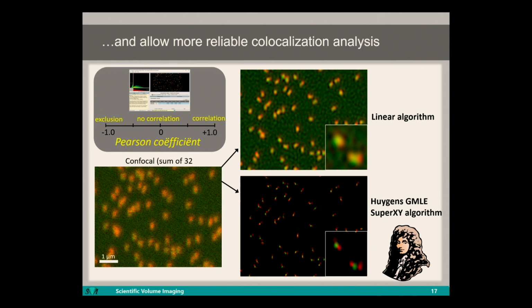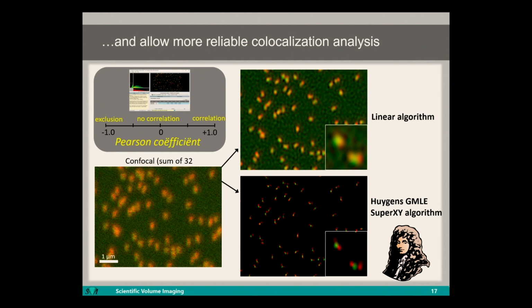These nanorulers have different colors that are quite closely spaced. If they would completely overlap, the correlation would be +1, and if there would be no overlap whatsoever, in fact they would exclude each other, then there would be a -1 value for Pearson.